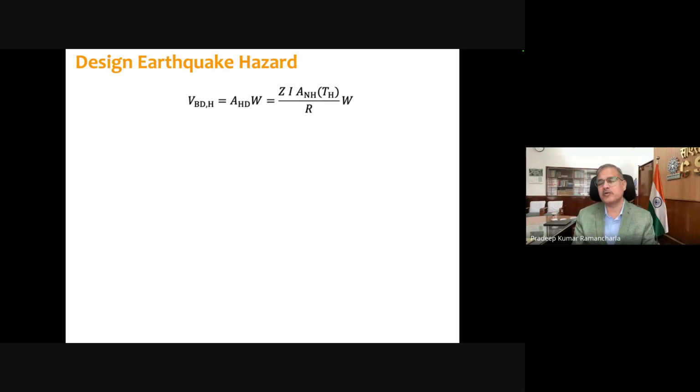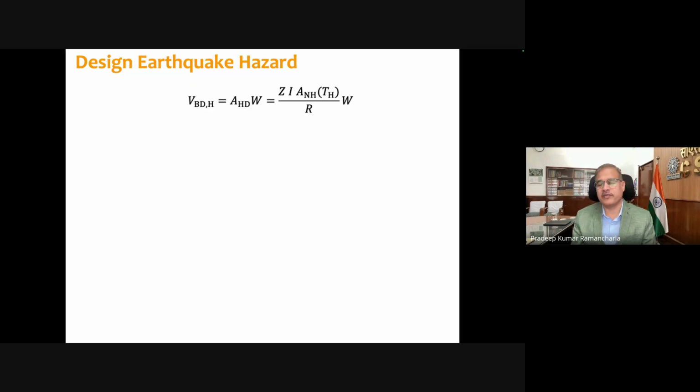As I told you, the zone factor is now dependent on the return period. The return period is selected based on what type of structure you are constructing. Based on the return period, we get the Z value. So that is one thing. The importance value for all types of buildings is taken as 1.